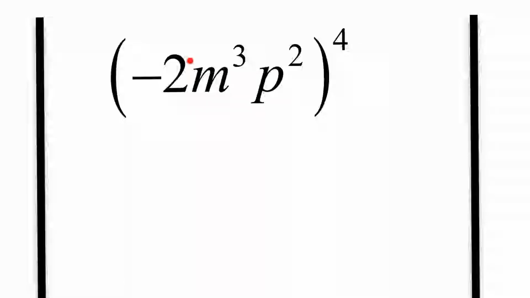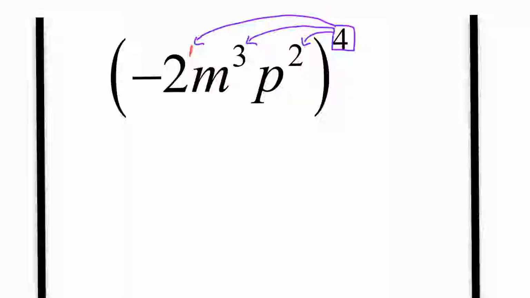You don't see it, but it actually has an invisible 1. So I'm going to put an invisible 1 here, and we can see the exponent of m is 3, the exponent of p is 2, and the exponent outside is 4. So I will multiply the 4 times the exponent of the -2, the exponent of m, which is 3, and the exponent of p, which is 2.